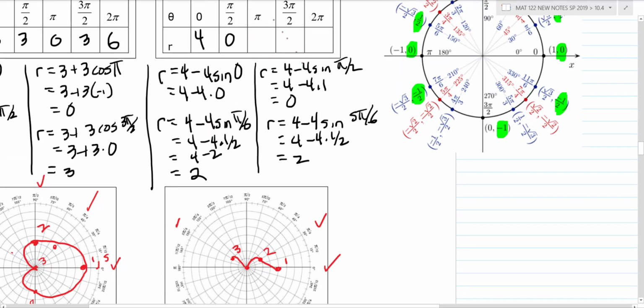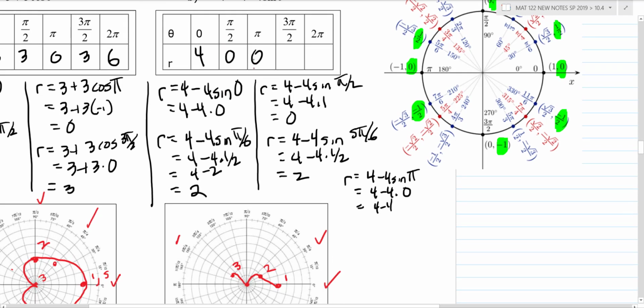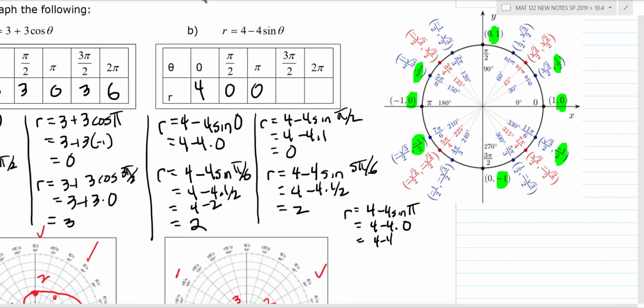And then if we go to pi, we have r equals 4 minus 4 sine pi. Sine of pi is 0, so that's 4 minus 4 times 0. So that's 4 minus 4, so that's 0. So when you get to pi, whoops, I think I did that. No, that's 4, that's 4 minus 0.